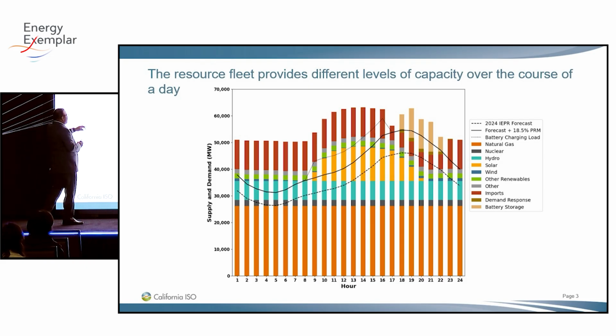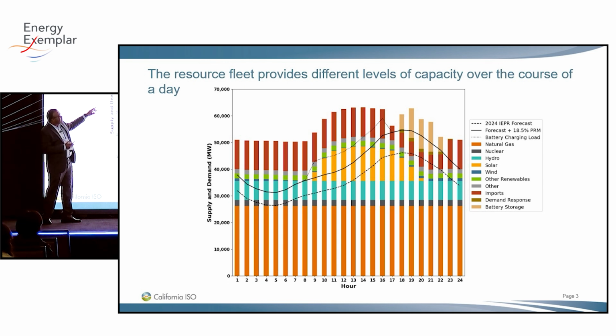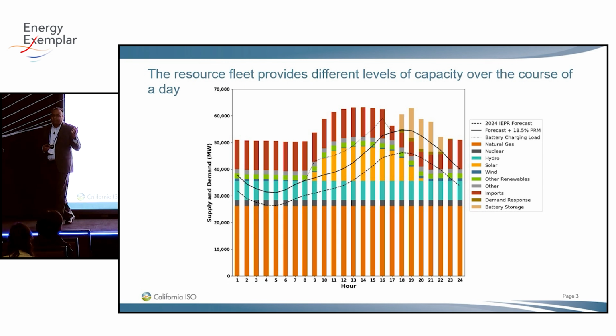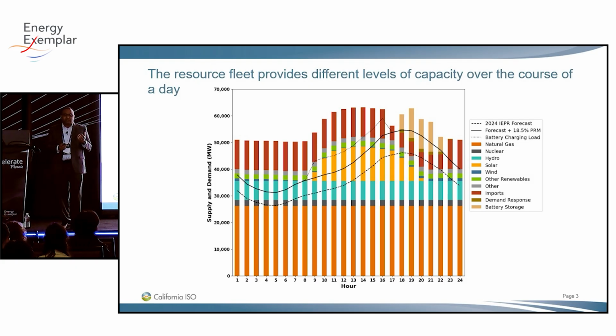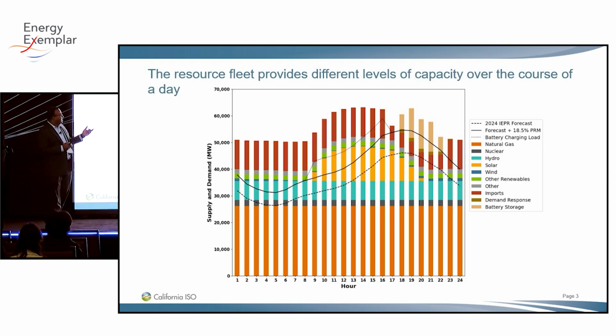Another thing is we are well connected to the system, so we have a lot of imports coming in, but during the net peak hours, we cap it at 5,500 megawatts of total imports. So you have about 11,000 as the transmission import limit, and about 5,500 megawatts is what is assumed to be available during the net peak hours.